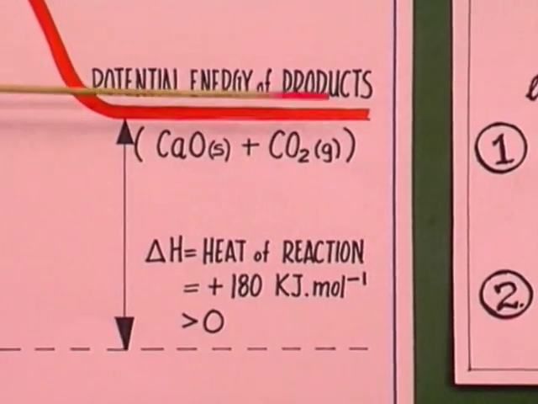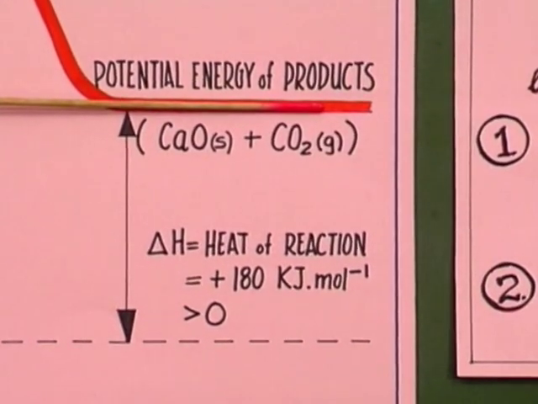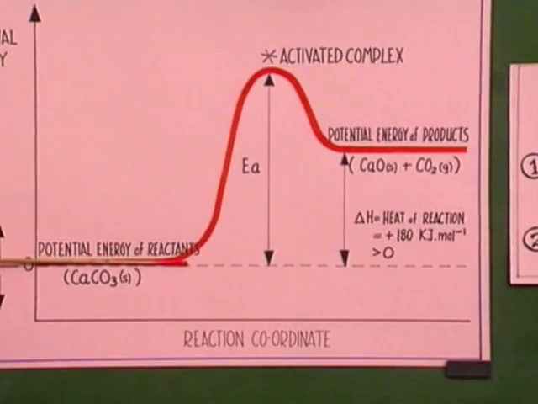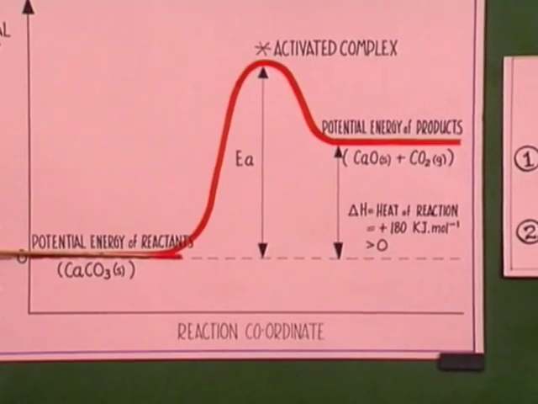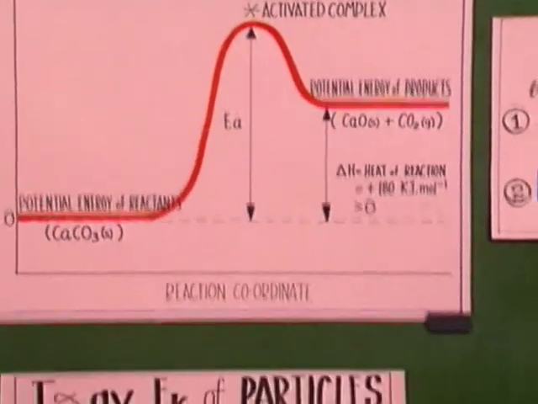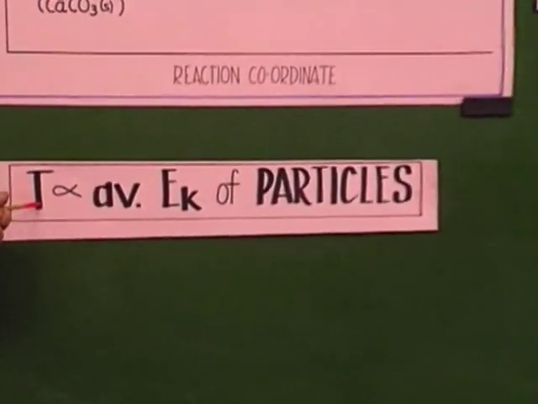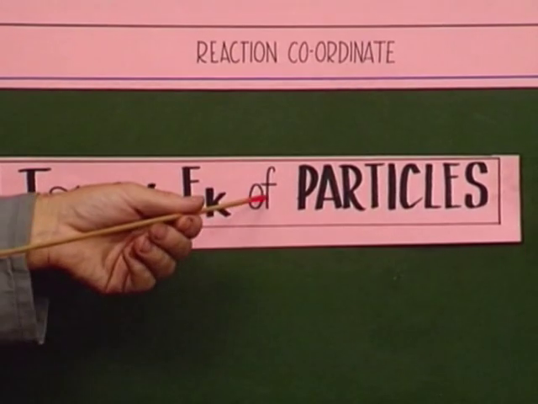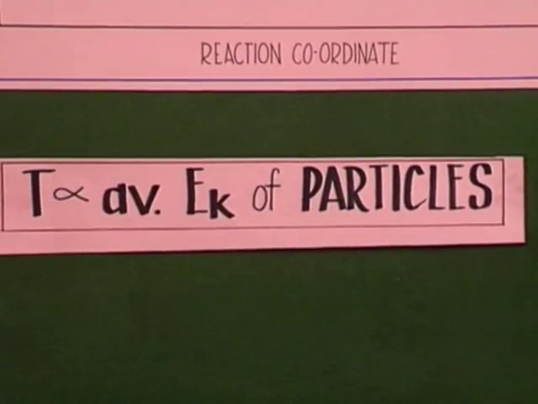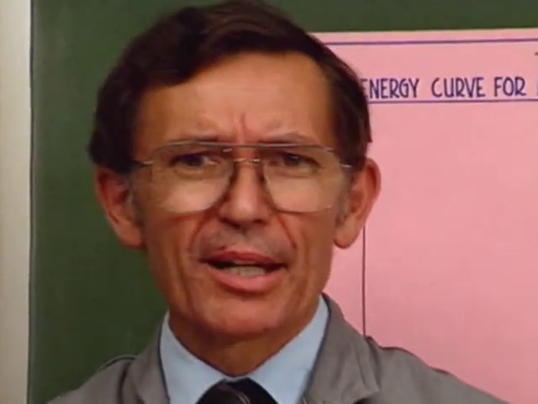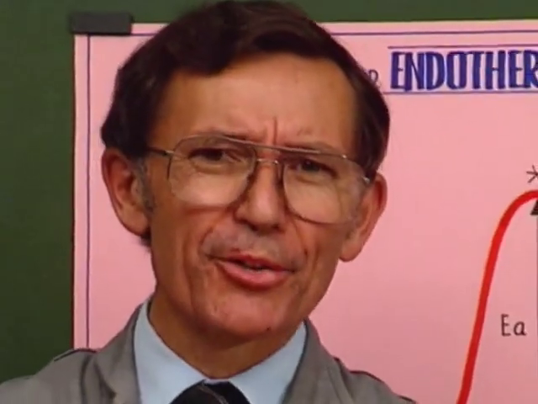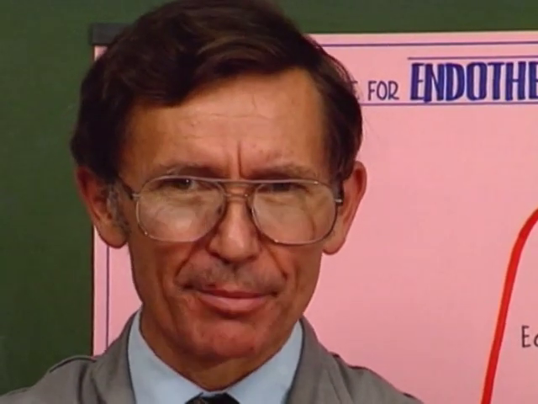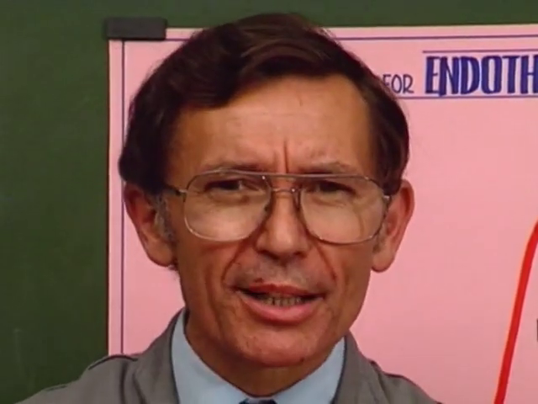Since the average kinetic energy of the particles of the products is less than the average kinetic energy of the particles of the reactants, the system will cool down, since temperature is directly proportional to the average kinetic energy of the particles of the system. Therefore, in order to sustain any endothermic reaction, we must continually add energy to the system. In other words, the system absorbs energy.